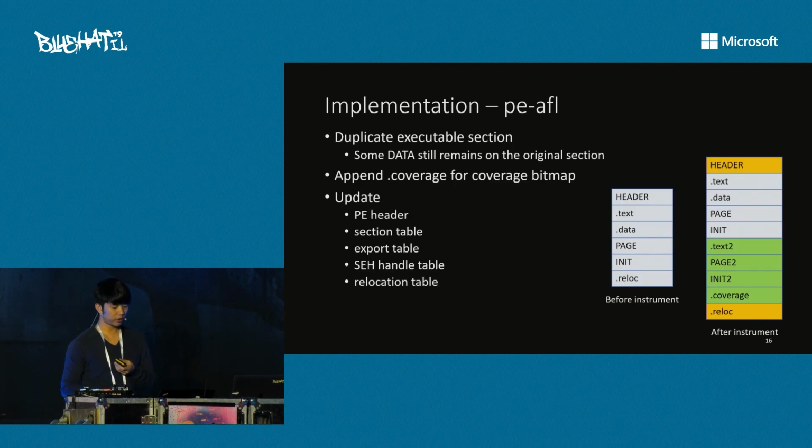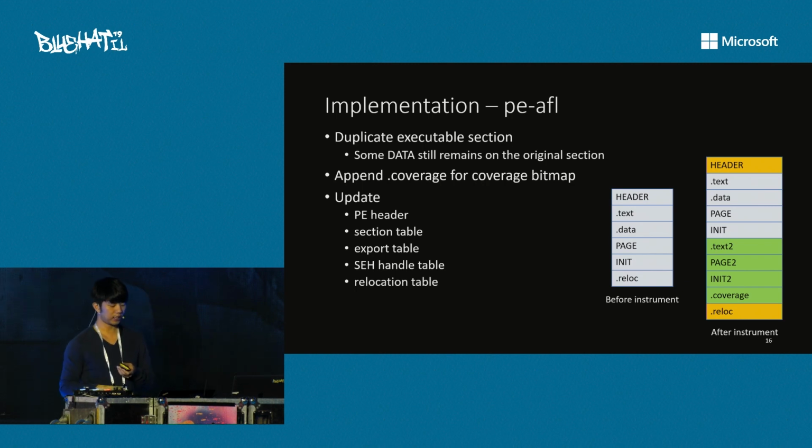For the PE file format, the first thing I do is duplicate the executable section and instrument the code in the new section. Some data, such as the import table, still remains in the original section. It is possible to remove the original section completely, but I think that is future work.